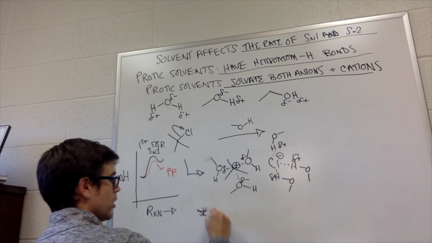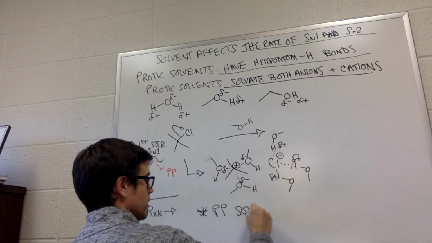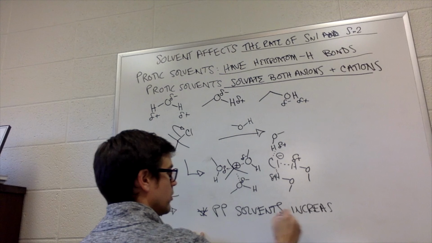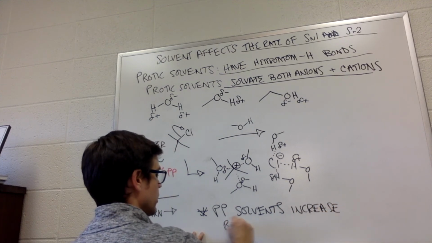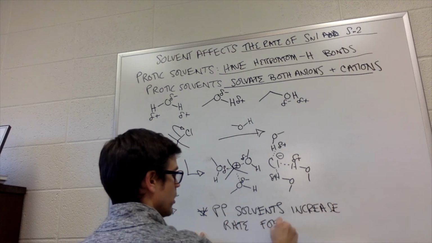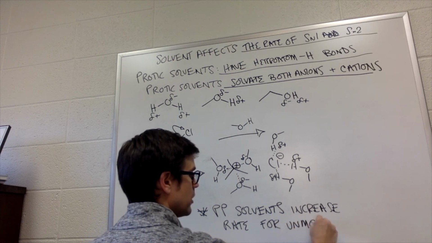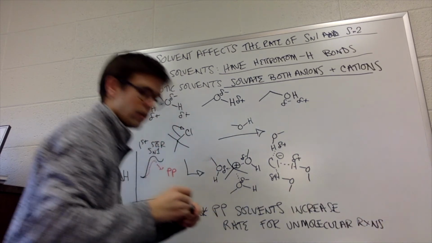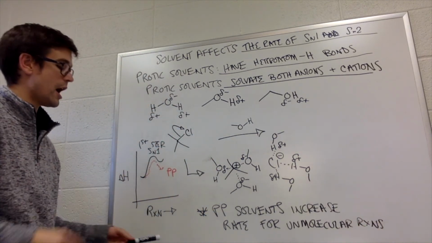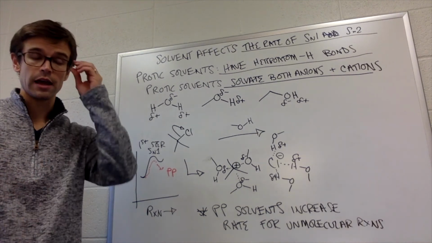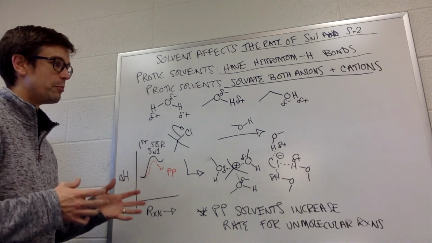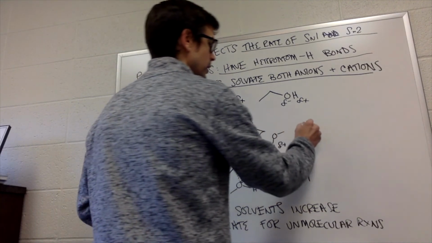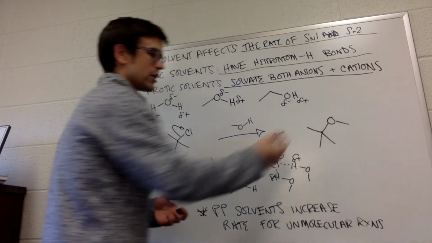So we can say that here: polar protic solvents increase rate for unimolecular reactions. So any time that we're doing an SN1 reaction, it would be best to use that solvent, and sometimes it just makes sense, because in this case the product is that solvent actually adding onto it.